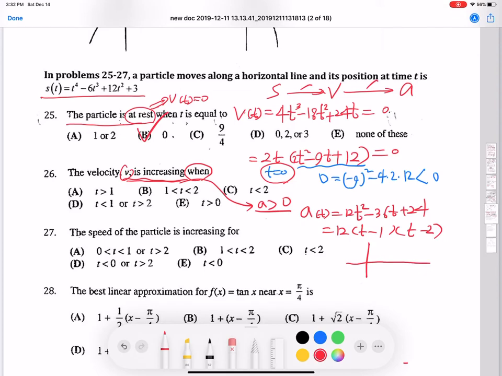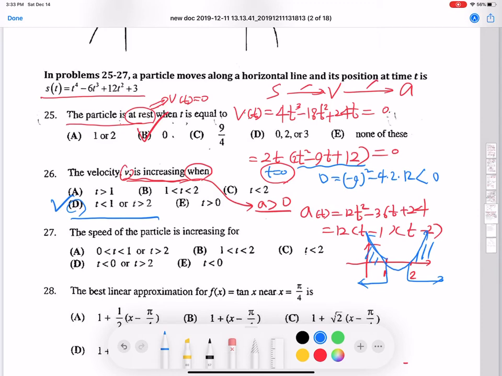In the a-t graph, at 1 and 2, acceleration is 0. And then the graph looks like this. Okay, so v is increasing, positive acceleration, in this part and this part. When t is between 0 and 1, and then t is greater than 2. Less than 1, greater than 2, automatically is greater than 0, right? So D is the answer.